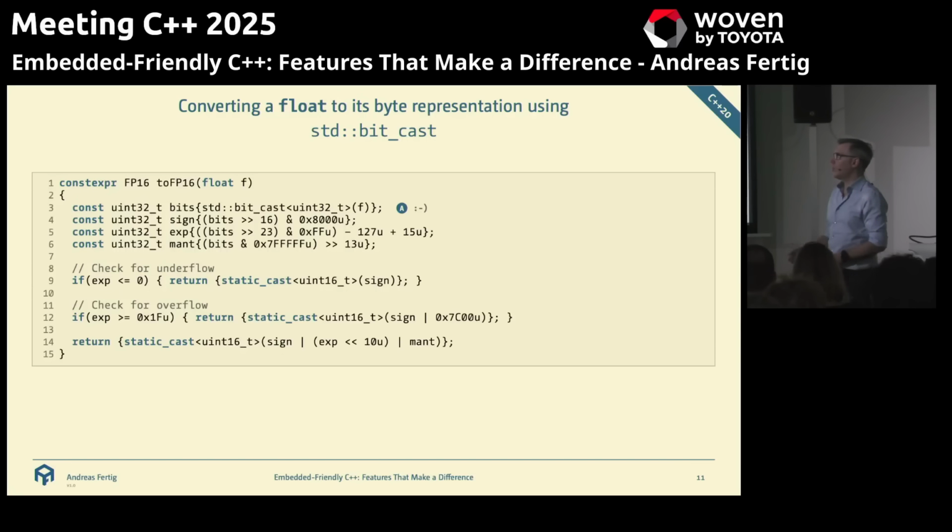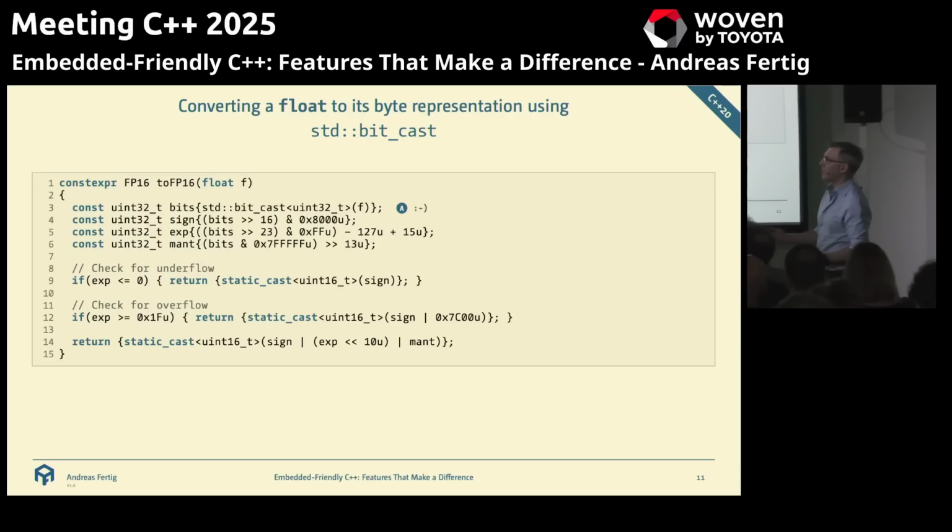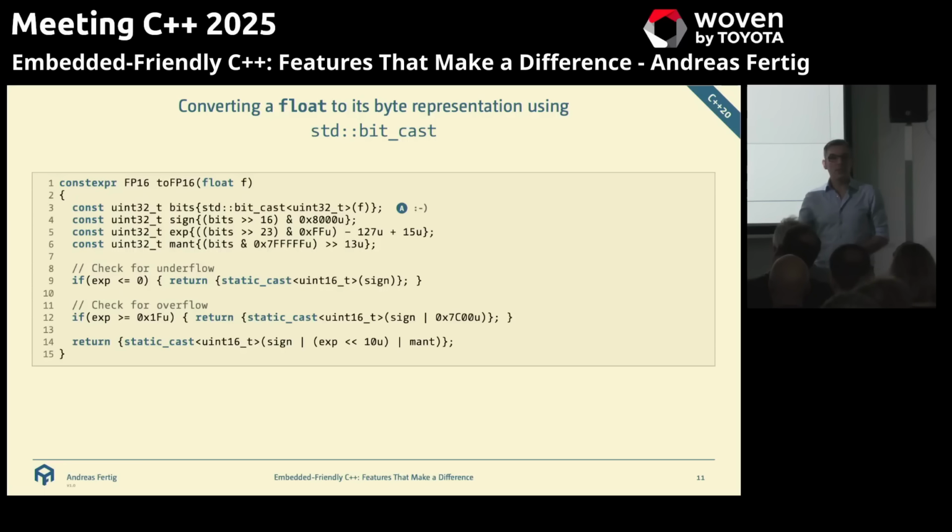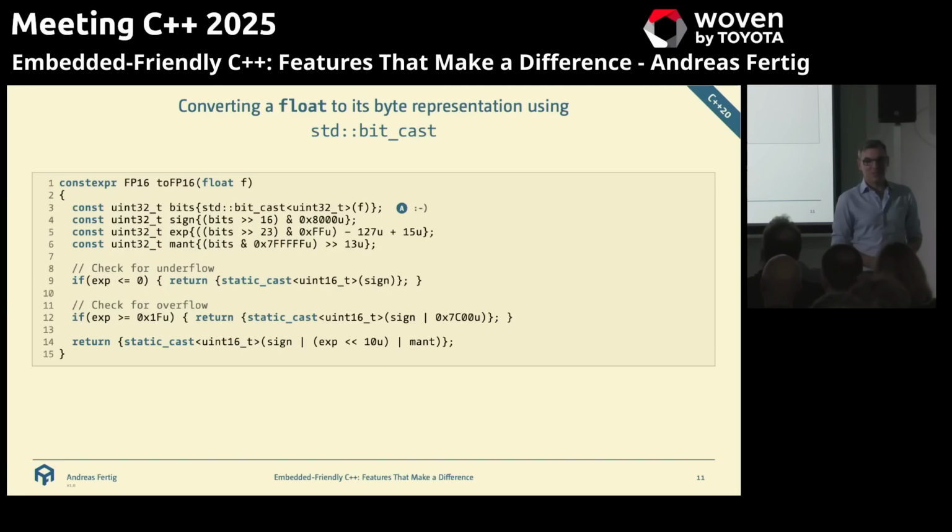There are certain rules, so they have to be the same size and trivially copyable and so forth, but this is what you should reach for if you have C++20, because then you have the version guaranteed by the standard to be free of undefined behavior. So this is something that C++ did for you, and this is a task I can tell you I've done a lot in the past, and I got a lot of surprises.